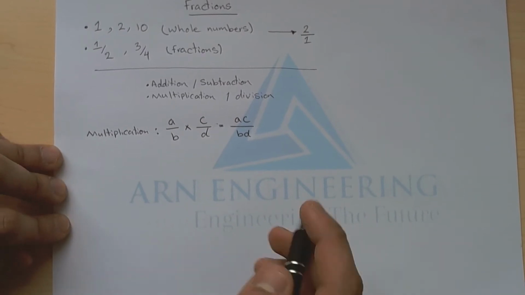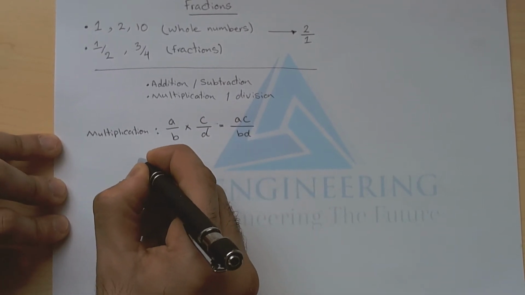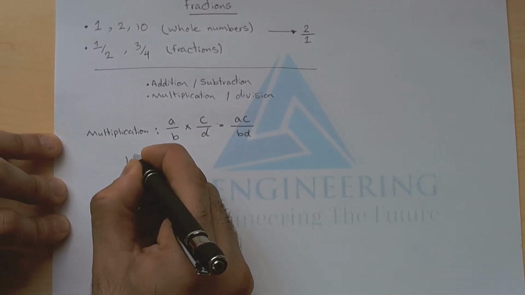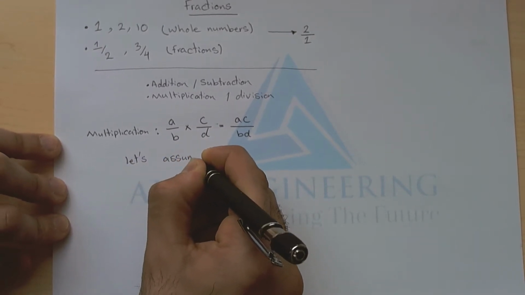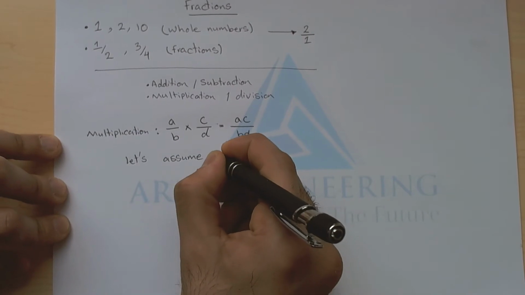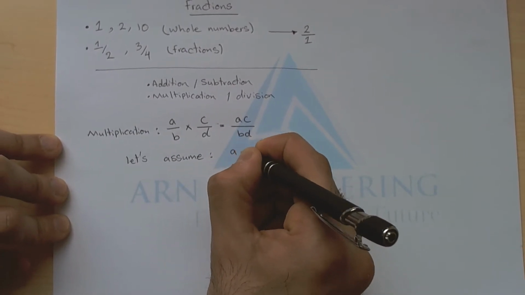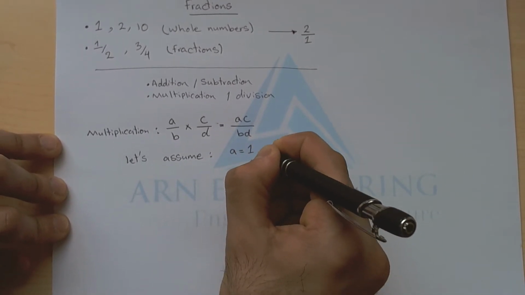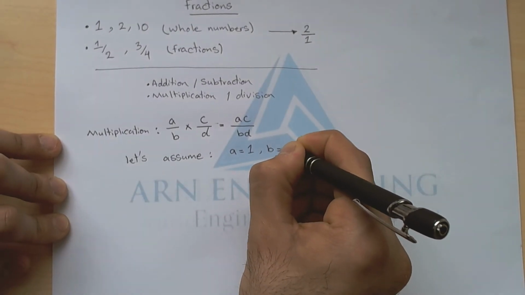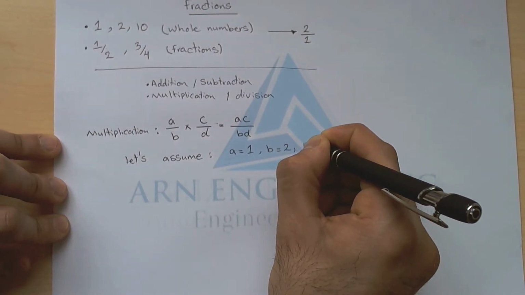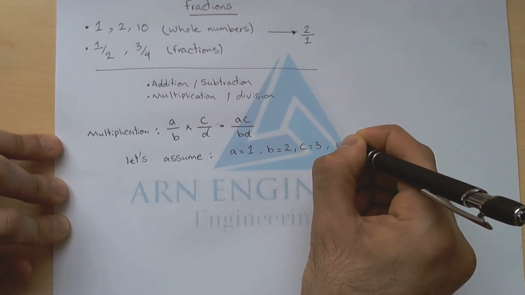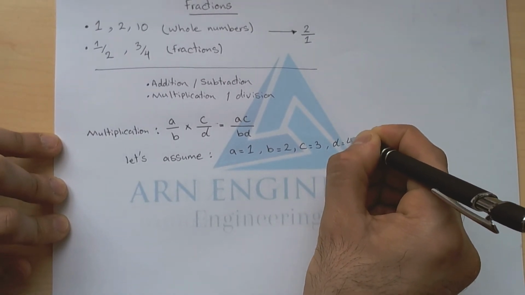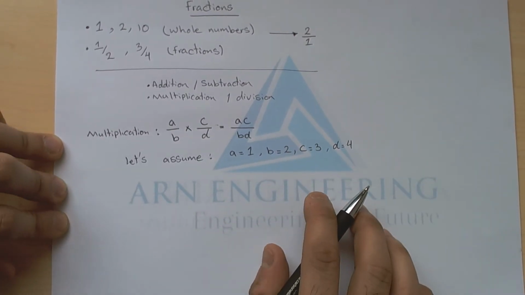Let's put some values in here. So let's assume that a is equal to 1, b is equal to 2, c is equal to 3, and d is equal to 4. And these are just examples.